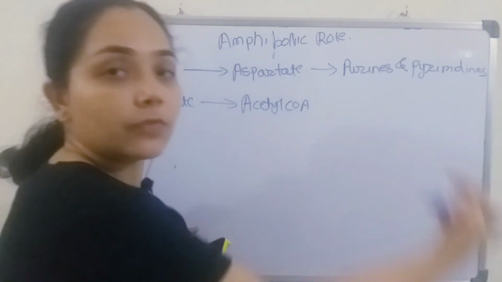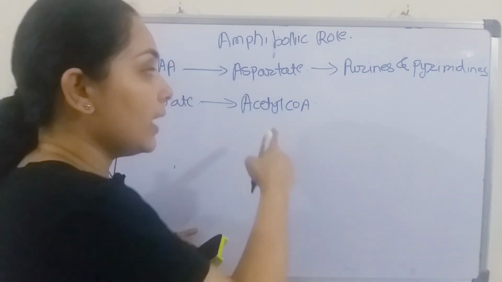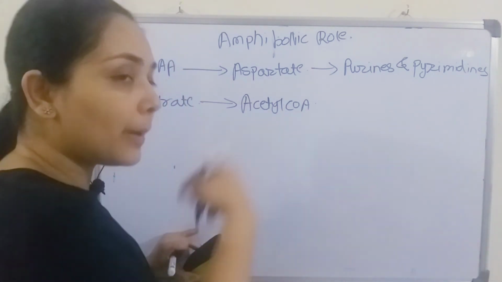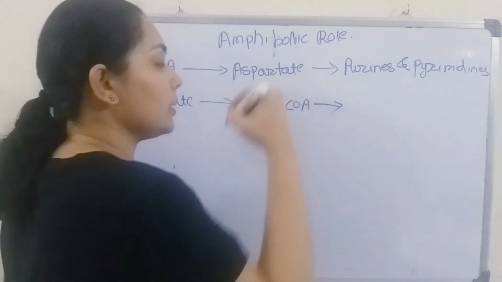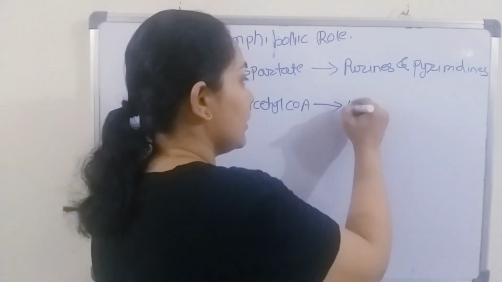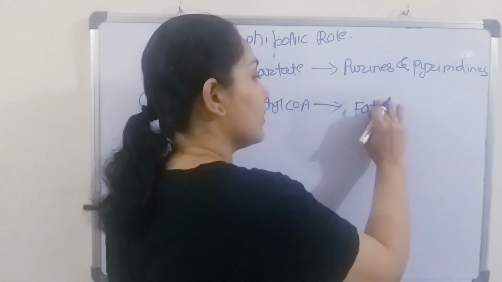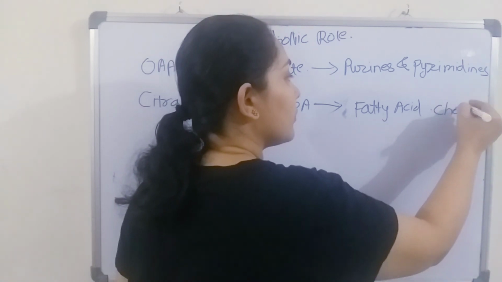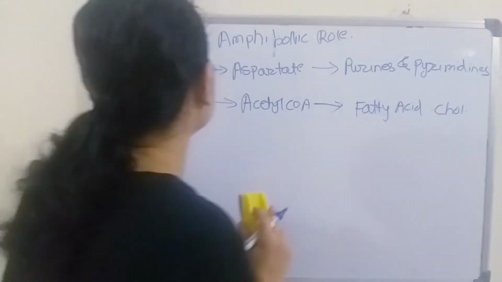So citrate first will come out of the mitochondria, because acetyl-CoA cannot cross the mitochondrial membrane. So citrate will come out, convert to acetyl-CoA, and this acetyl-CoA will then be involved in the synthesis of fatty acids and cholesterol.